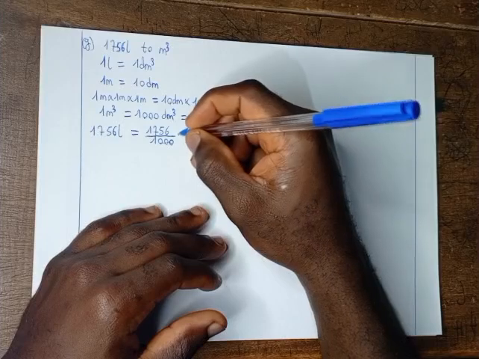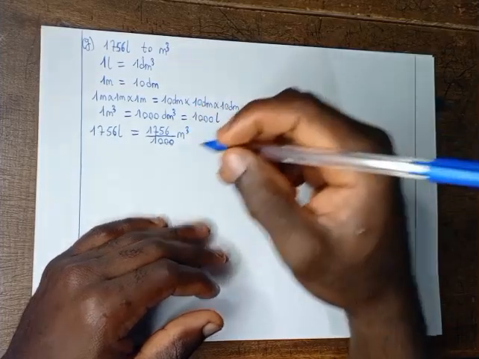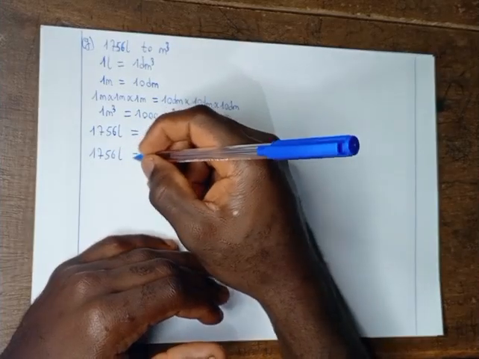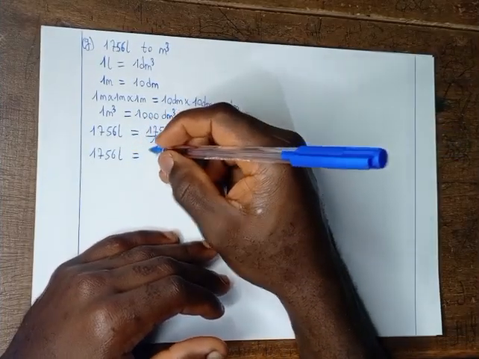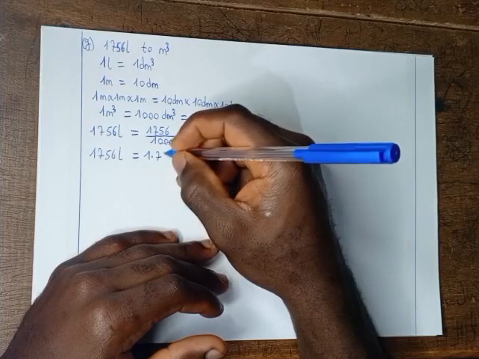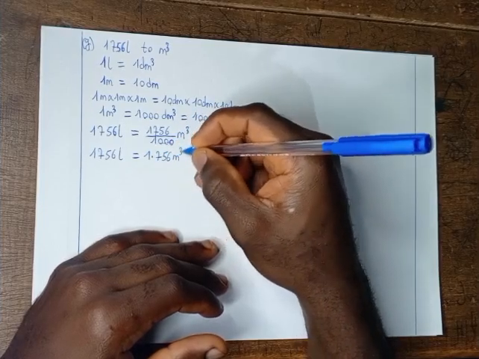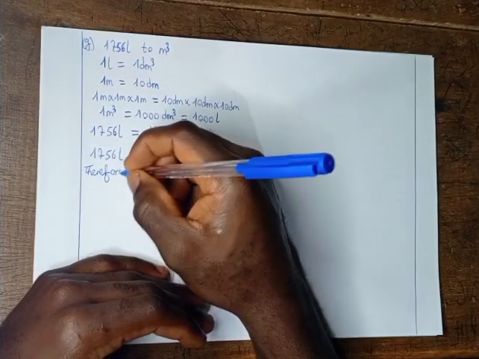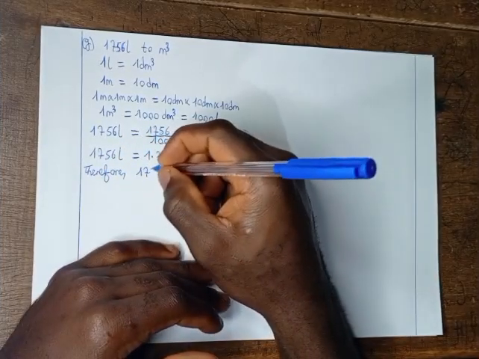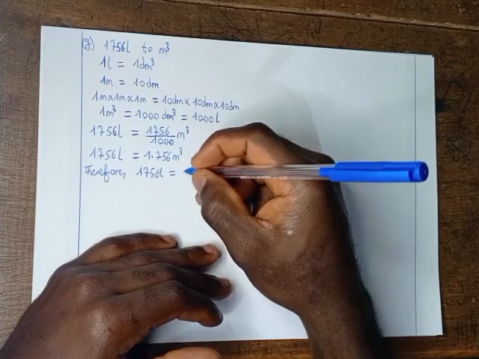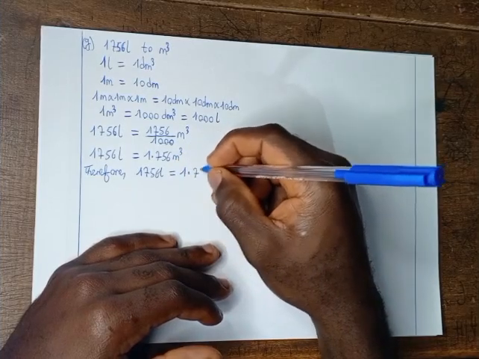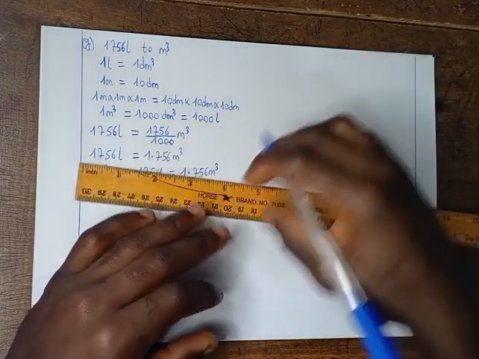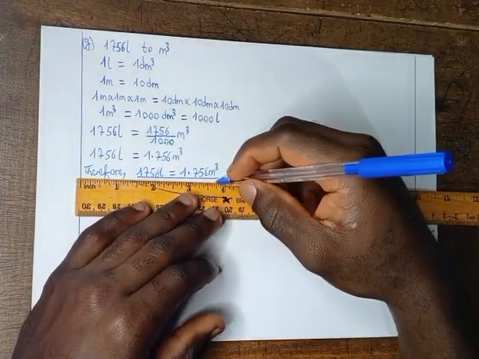And the unit will simply be meters cube. This will give us 1756 liters to be equal to 1.756 meters cube. We conclude, therefore, 1756 liters is equal to 1.756 meters cube. So we underline the final answer.